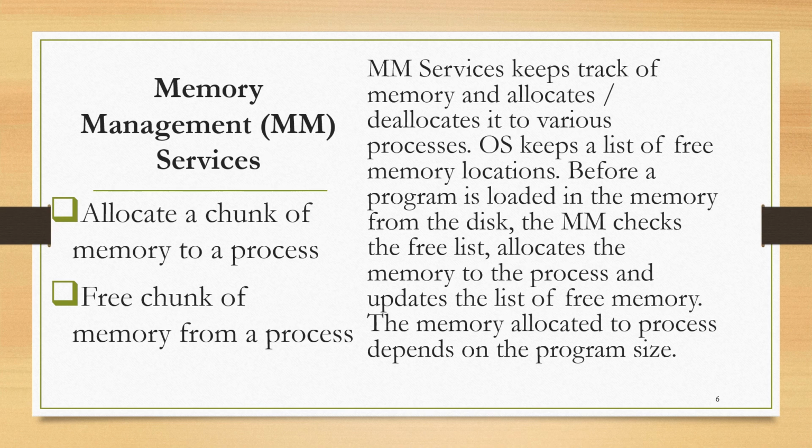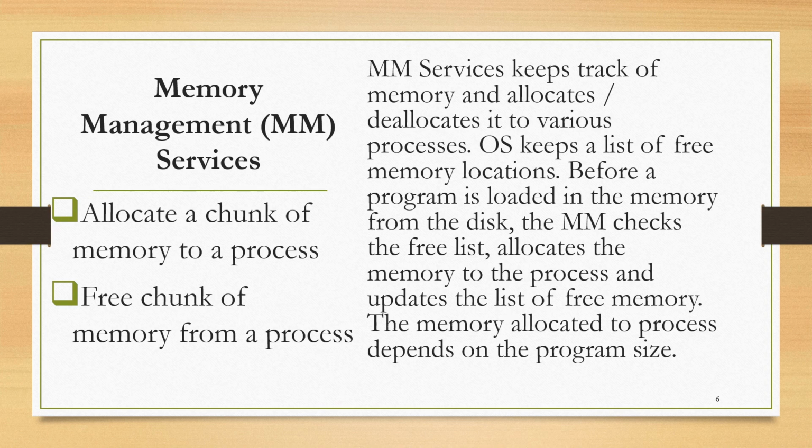Next, the third one is memory management. When you use a computer, your data and your programs are all stored in the hard disk. But for execution, everything has to be loaded to the memory, the primary memory of the computer.